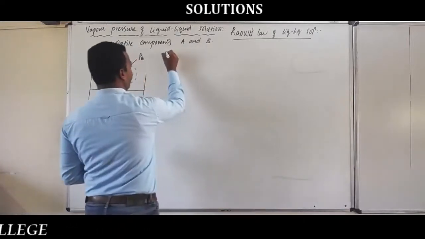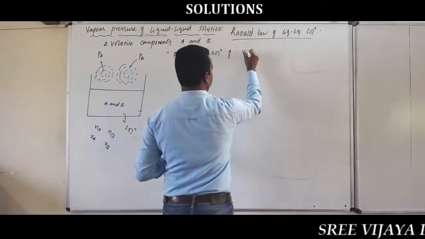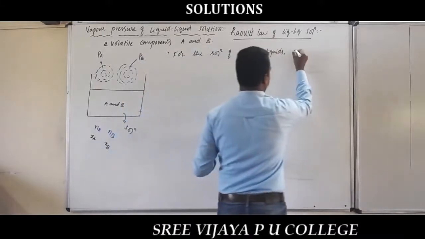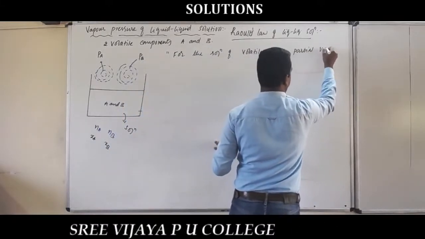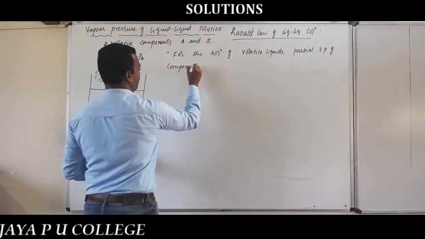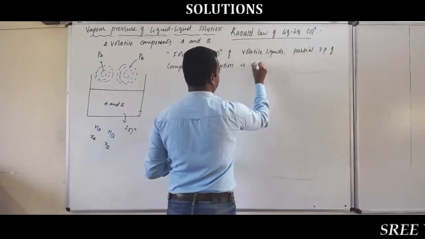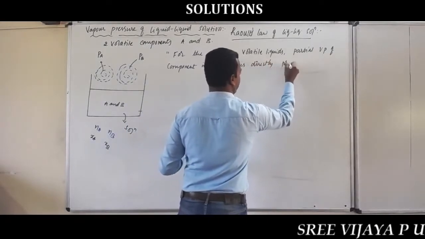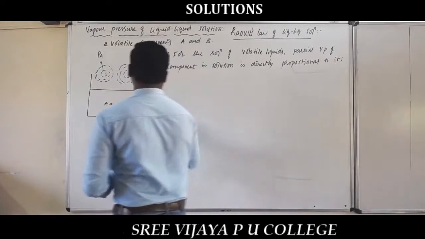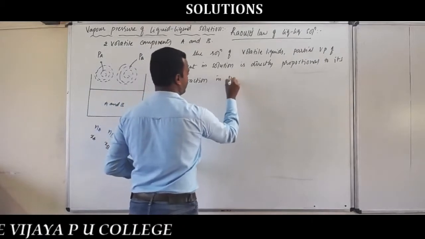So therefore, the statement is: for a solution of volatile liquids, the partial vapor pressure of a component in solution is directly proportional to its mole fraction in solution.